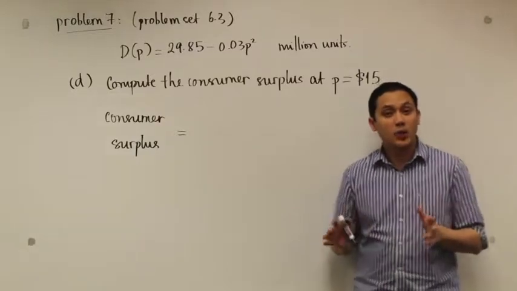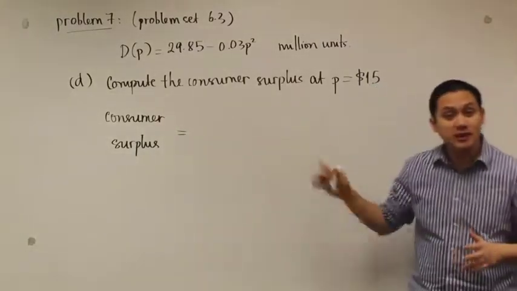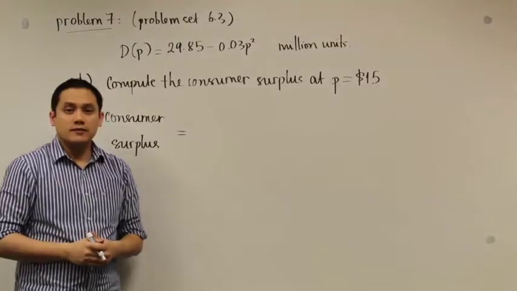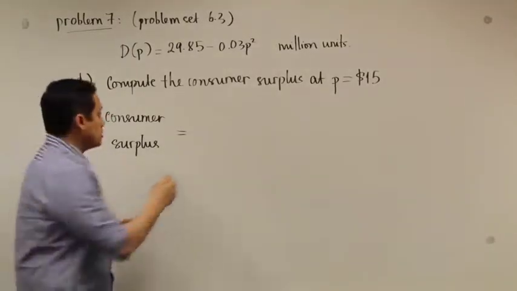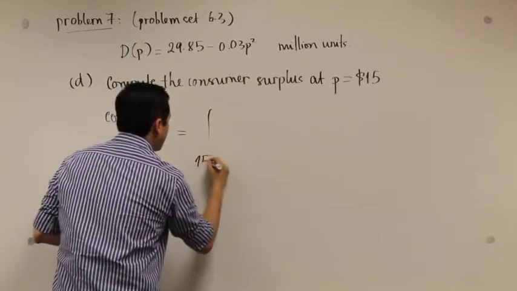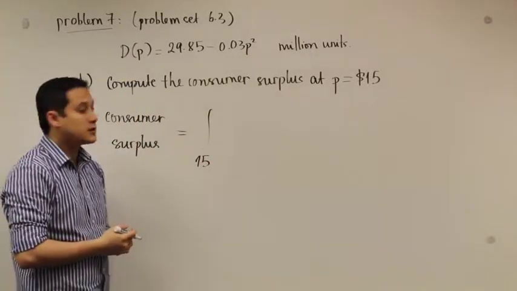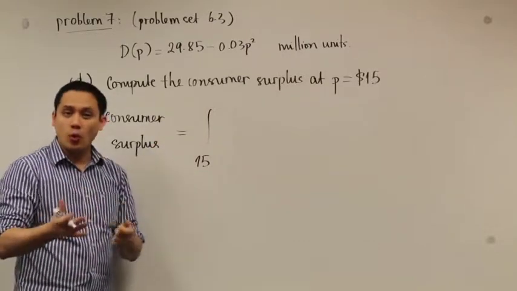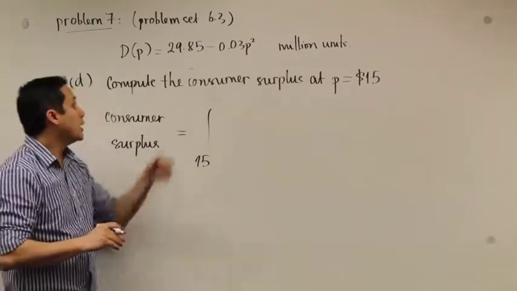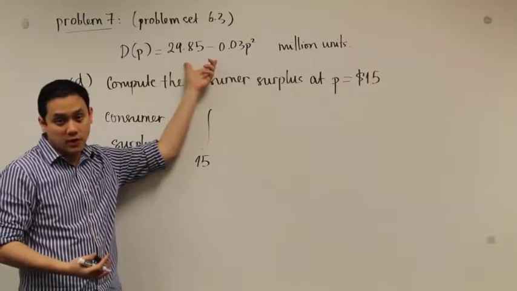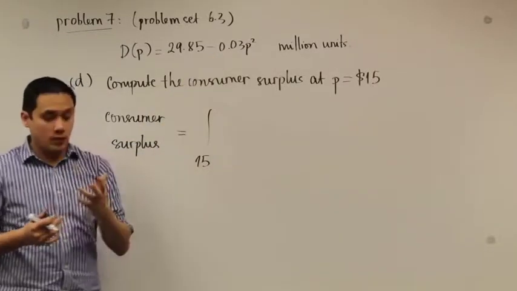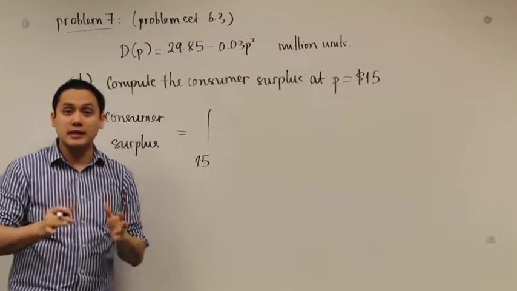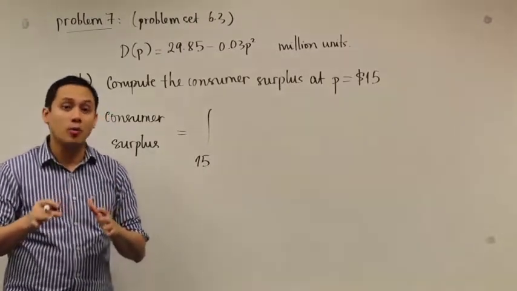In part D, they want you to calculate the consumer surplus at the price of $15. That is the set market price. The consumer surplus is equal to the integral from the set market price, which is $15, to Pmax. In this case, I'm going to use Pmax. Why is that the case? First of all, we are not dealing with exponential functions. And second, if you look back in part A, they ask you to calculate the price at which there will be no more demand.